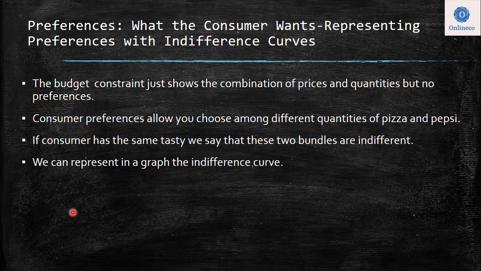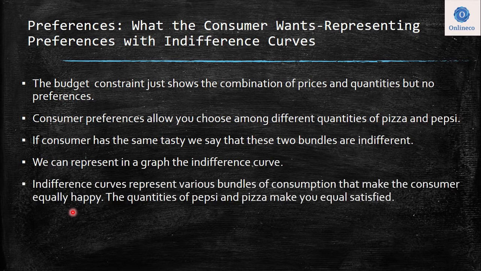And we can represent in a graph the indifference curve. These indifference curves represent various bundles of consumption that make the consumer equally happy. So throughout all this curve, you cannot say I'm better here or better at this other point. You will be equally happy along all this curve, and the quantity of Pepsi makes you equally satisfied.